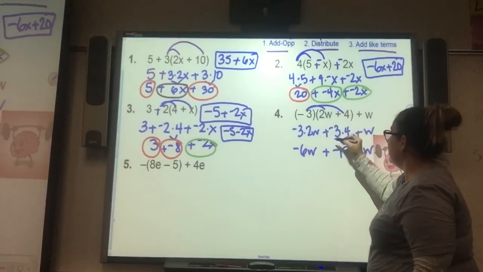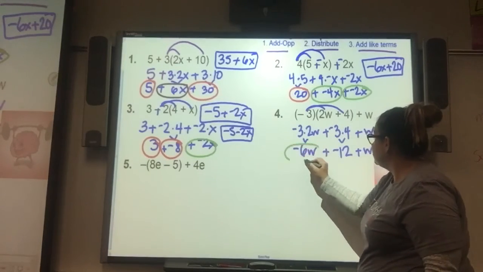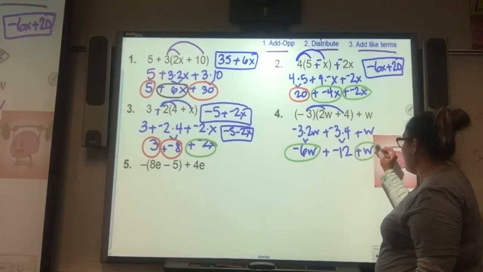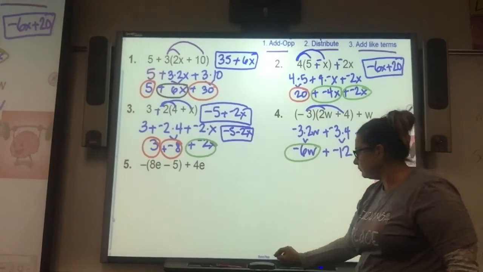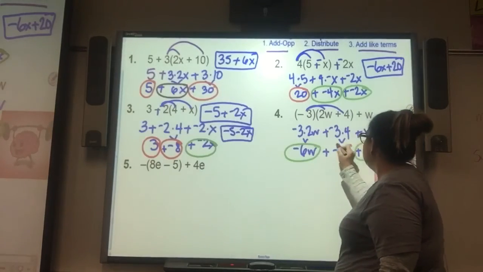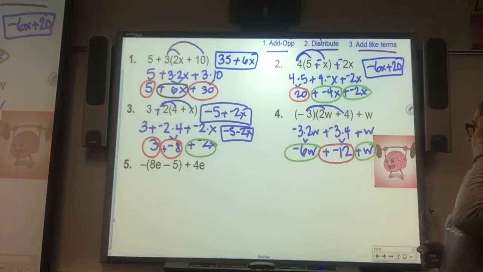Yeah, because these all multiply. So negative 6w and positive w, they go together. Negative 12 is its own little group.